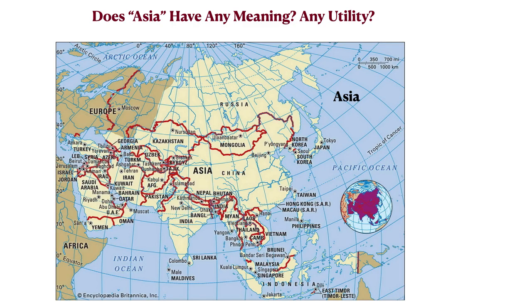So I'd say that this continent of Asia really has no utility. It doesn't help us understand the world at all. It's a remnant of ancient Greek geography, really, which I explained in the first lecture in this series.